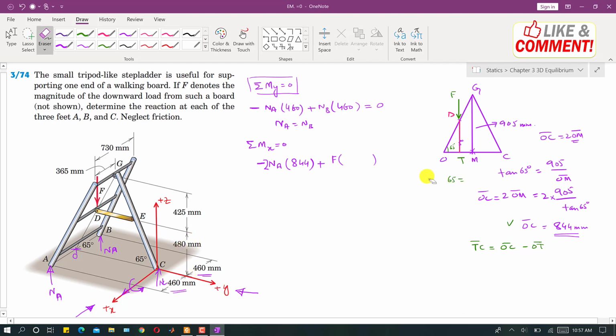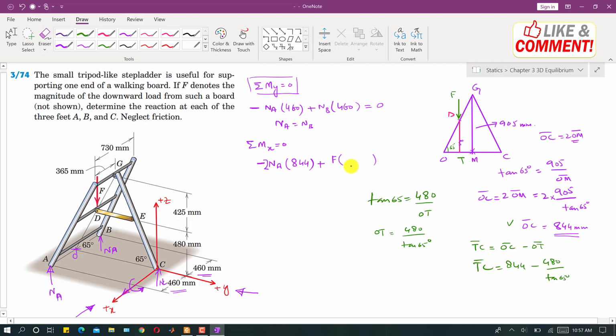So tan 65 is 480 divided by OT, so OT will be 480 divided by tan 65 degrees. We are required to have TC, so TC will be 844 minus 480 divided by tan 65.